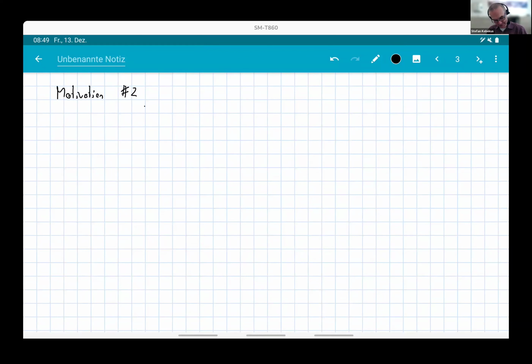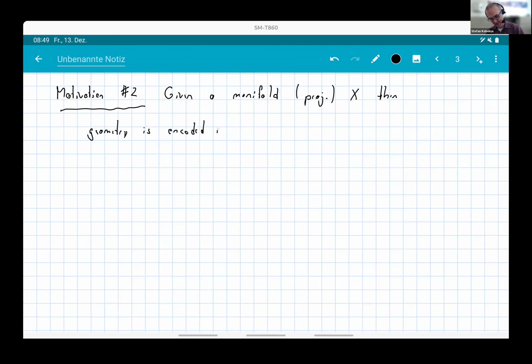Motivation number 2. So when given a manifold, let's say projective X, then the geometry is very much encoded in omega 1 X. So we know that there's such a theory that relates the topology of X to properties of the holomorphic cotangent bundle.